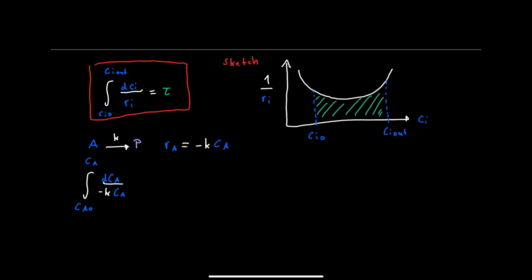And this is going to be equal to tau. And we can bring the 1 divided by negative k in front of the integral, as this will not depend on CA. So now we have the integral dCA divided by CA being equal to tau.